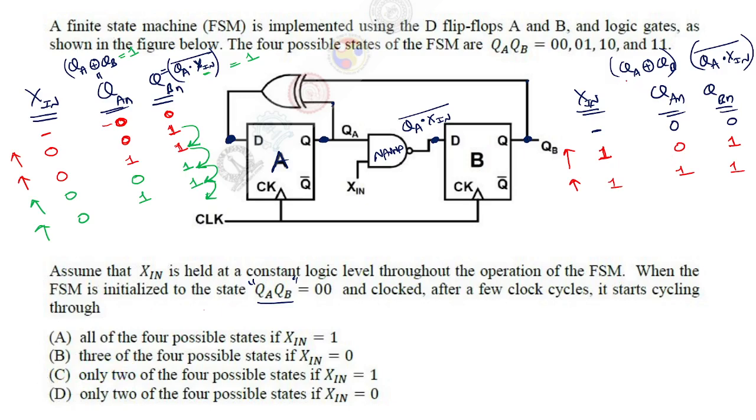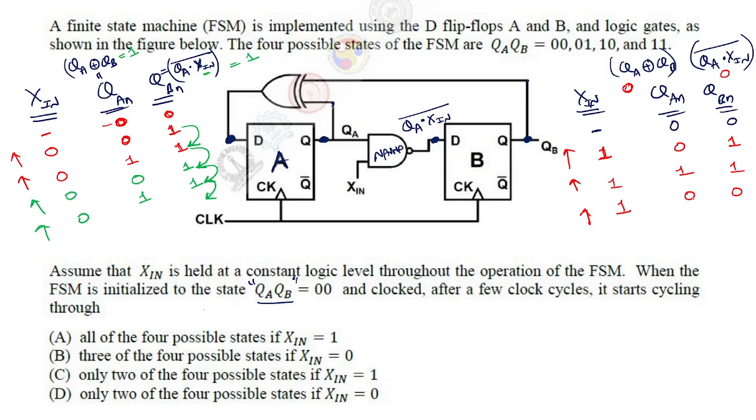Next, 1, 1, right? So 1 XOR of 1 is 0, and 1 dot 1 whole complement is 0. You see that? 1 XOR of 1 is 0, and 1 and 1 whole complement is also 0. So when you apply the clock pulse, when X is 1, you will get 0, 0.